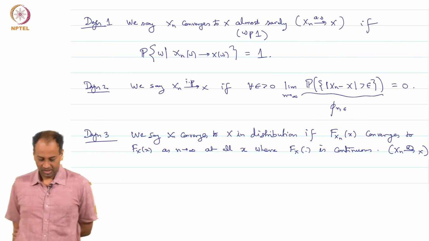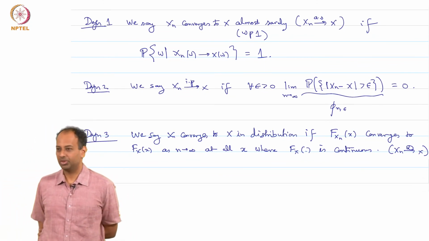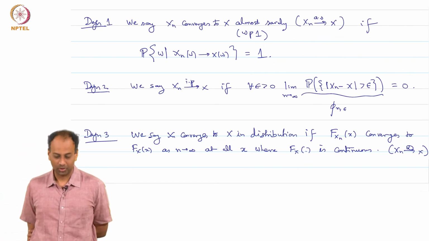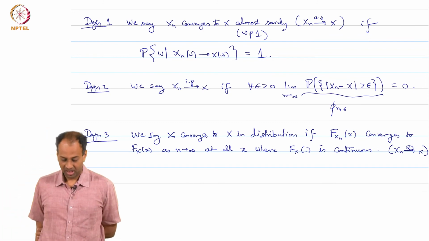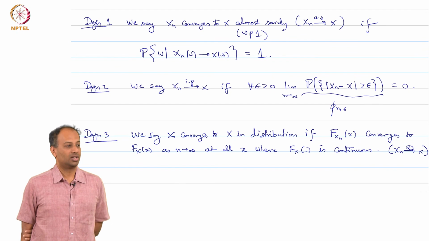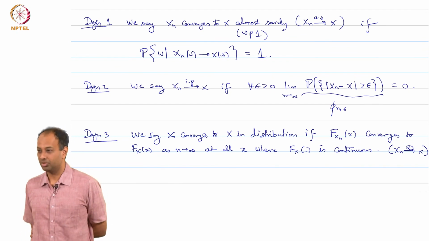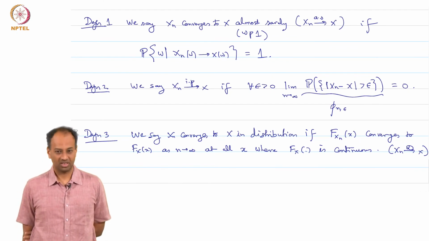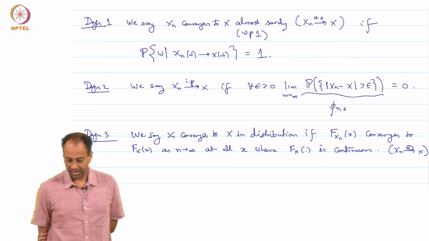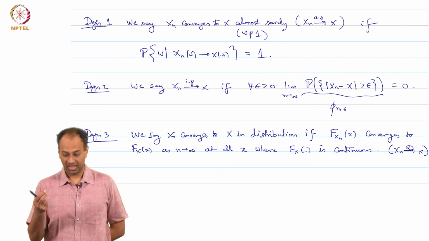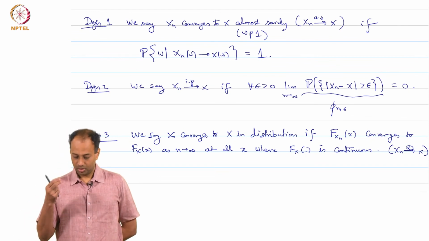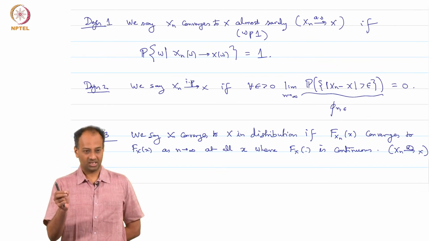Here it is not the sequence of random variables which is converging, although that is what you say, right. You say that X_n is converging to X in distribution, but it is really the sequence of CDFs, the sequence of distribution functions, that is converging, okay. So, each X_n has a distribution function F_{X_n}(x), and you look at this for a particular x, okay.